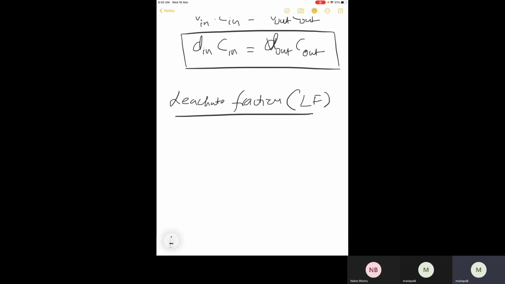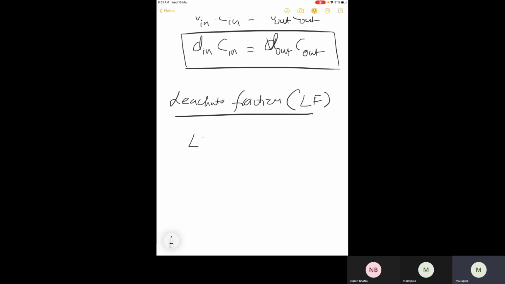Leachate fraction is the fraction of the input water to be applied in order to maintain the soil salinity levels, so that the crop production should not be affected by the soil salinity. So leachate fraction is a very important term. That will tell you how much water to be added or applied to the field so that the salinity levels could be maintained.